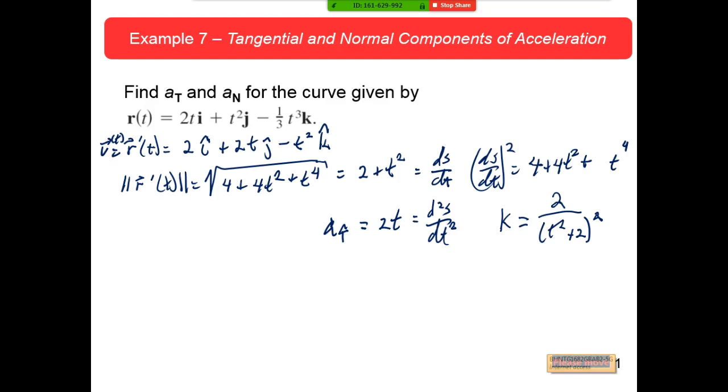Now, I want you to notice something. This right here, the square of this is that, right? And we're going to take K, which has this very same denominator here, squared, right? So guess what? When you multiply, let's see if it'll write.